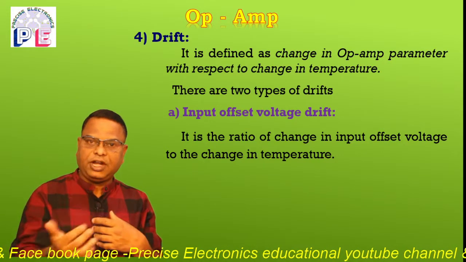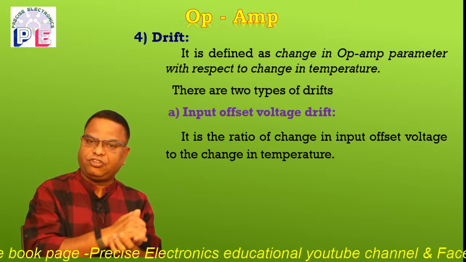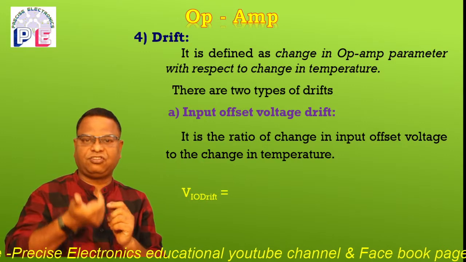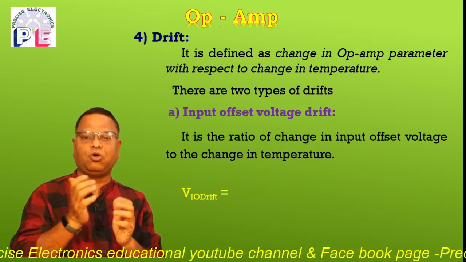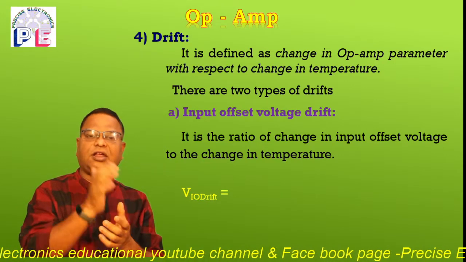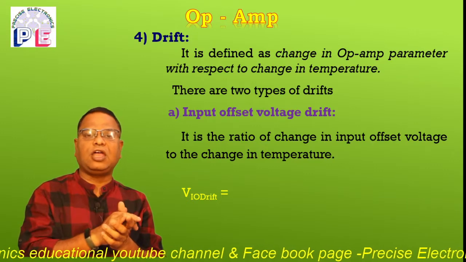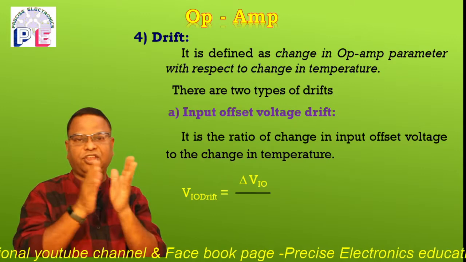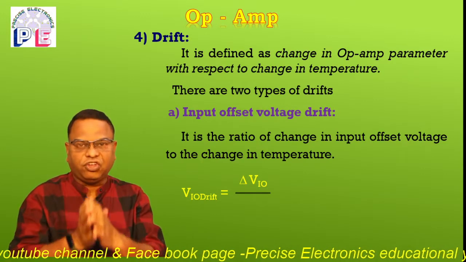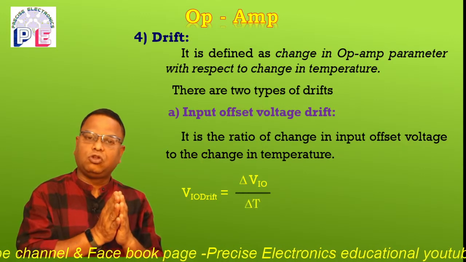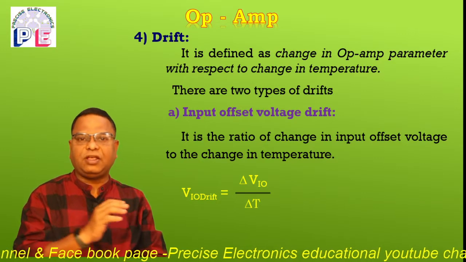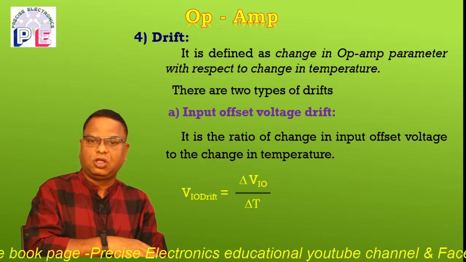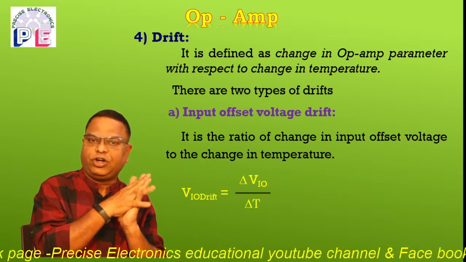V suffix IO drift, where IO is the input offset, and it is a drift. So V suffix IO drift is equal to delta VIO, that is the change in input offset voltage, to the change in temperature, delta T. So V suffix IO drift is equal to delta VIO upon delta T. That is input offset voltage drift.